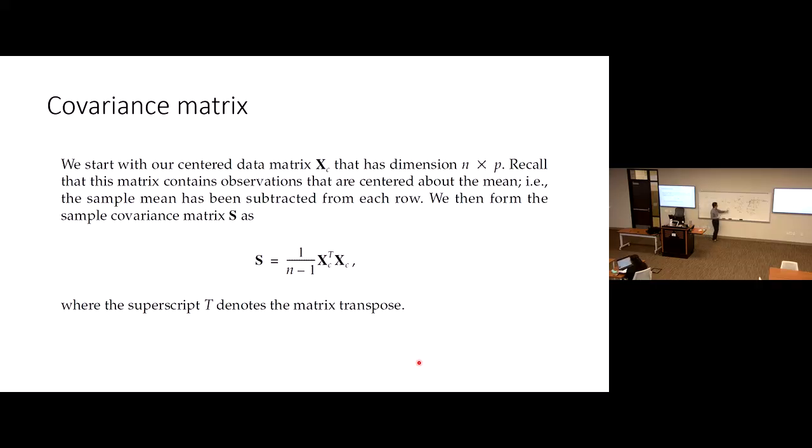Okay, so look how similar they are. This is p by p, and this is n by n. This is divided by n minus 1, just to normalize the magnitude of this dot product. This is also a dot product if you consider this element, but it's by rows, and this dot product is by columns.